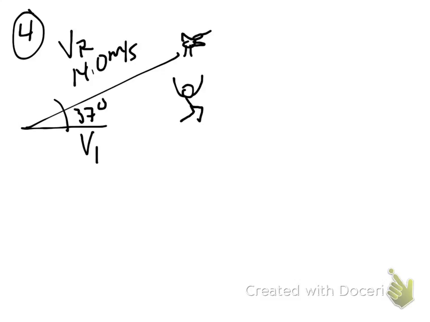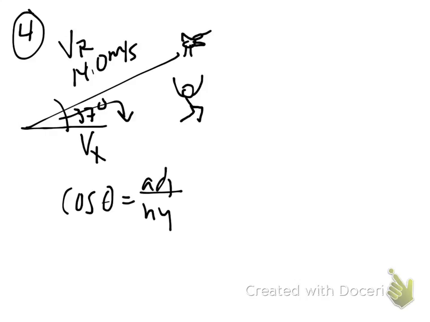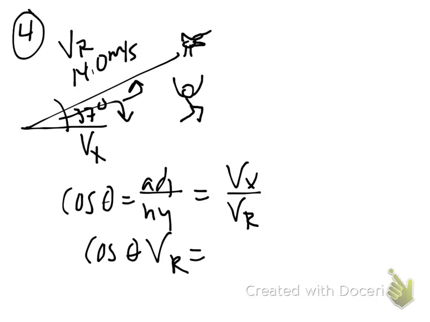What you're looking for is her velocity on the x. So we know that the cosine of theta is equal to adjacent over hypotenuse. That's your adjacent, that's your hypotenuse, and that's equal to Vx over Vr. So cosine of theta times Vr equals Vx.